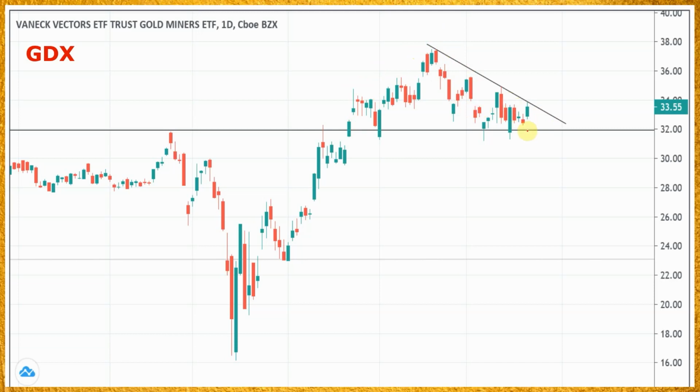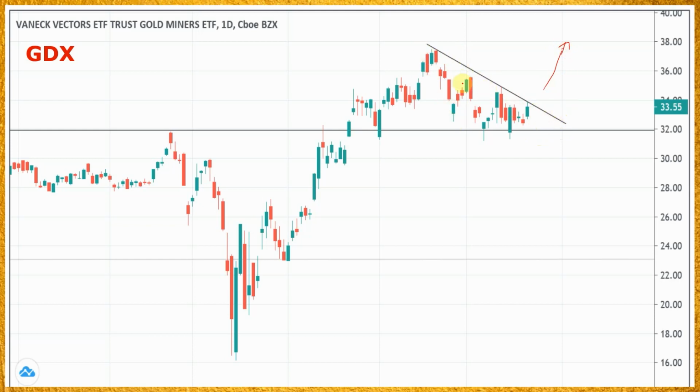What's going on here? Is this just going to bounce off of this 32 level? Certainly the 32 level would potentially be strong support. But in order to be bullish, we would have to see a breakout above this downward sloping trend line. So certainly it would have to close above 34 to consider a move up to around 40.